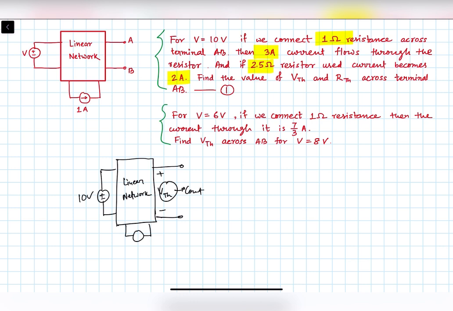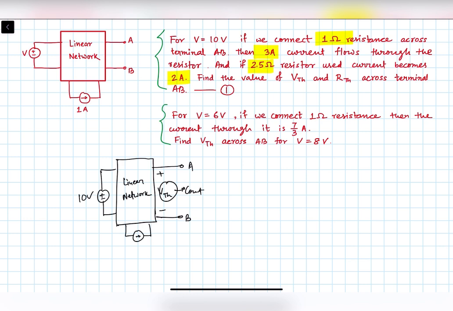Obviously if we change the voltage here and the current here, then this VTH value will change. I hope this is clear, because we're not changing the network, so nothing is going to change at the output terminal, which is the AB terminal. Now let's come to the question again.